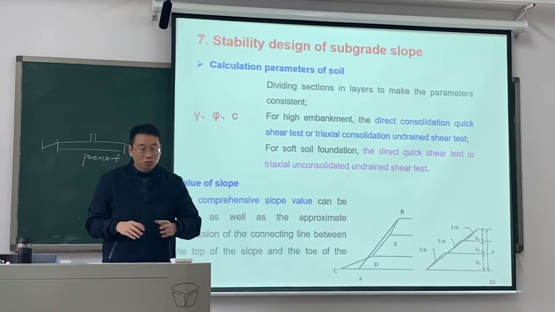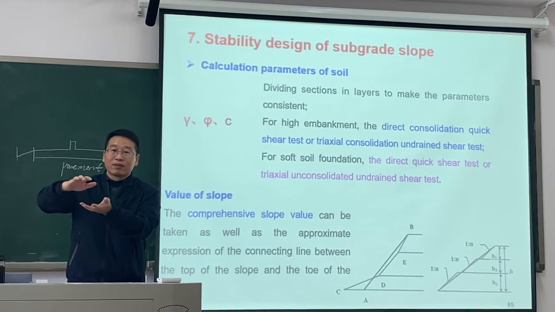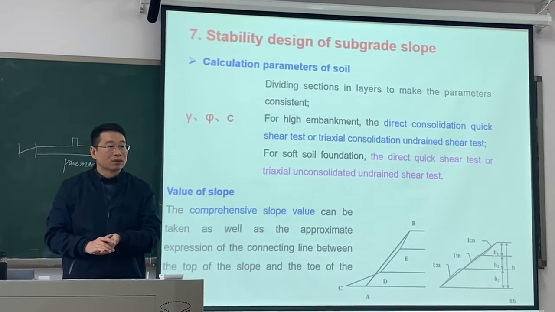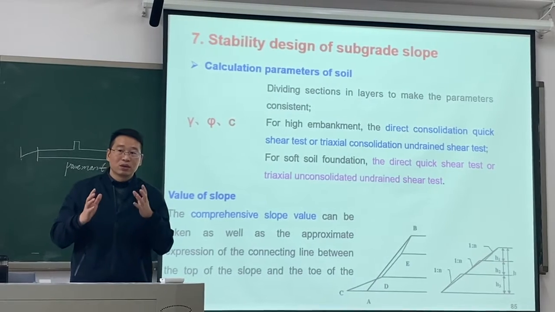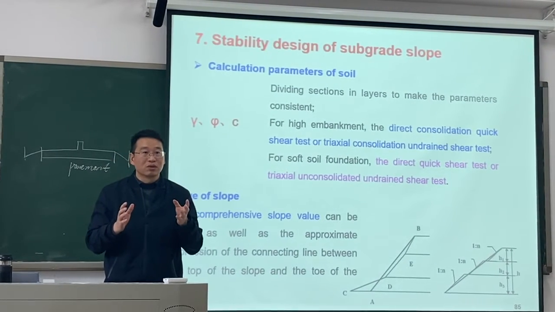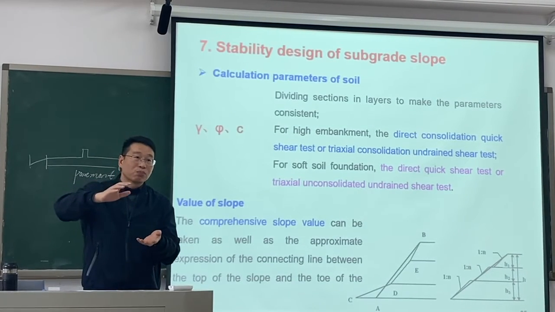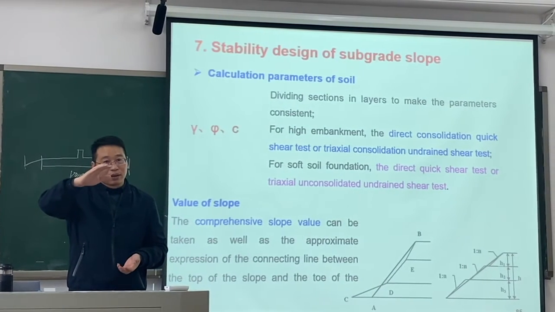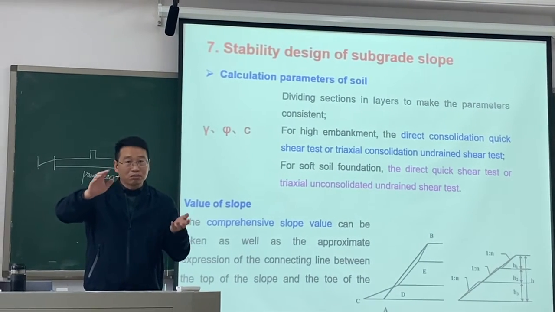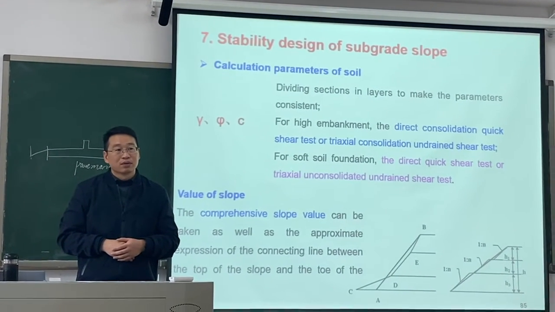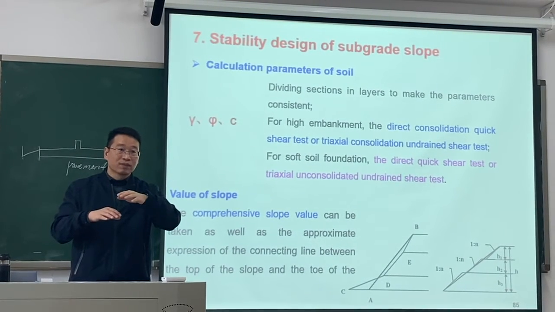But the subgrade is filled with different layers of soil. For example, for a subgrade with a slope height of 10 meters, we will fill with different soils.